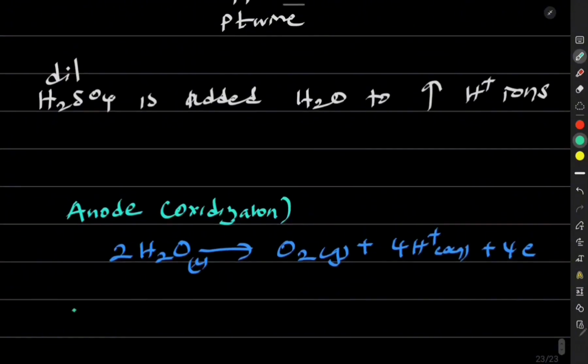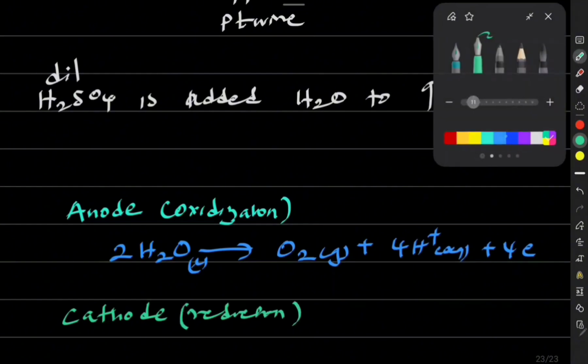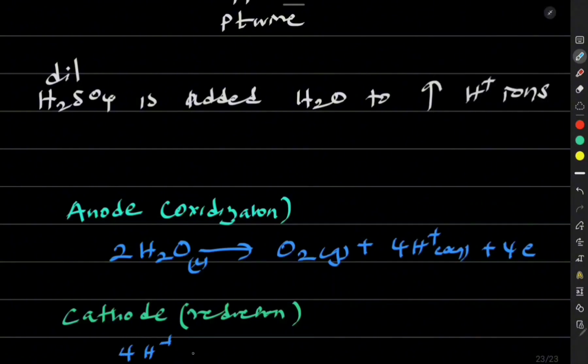And at the cathode, a reduction reaction occurs. 4H+ and 4 electrons form 2H2 gas.